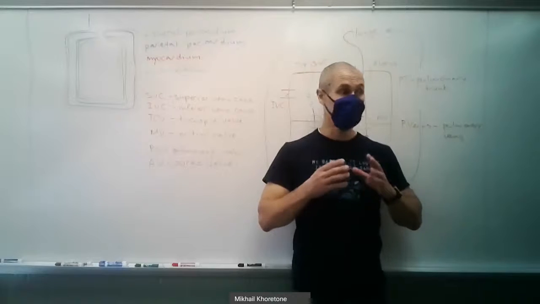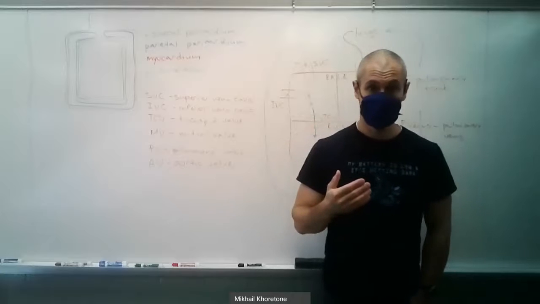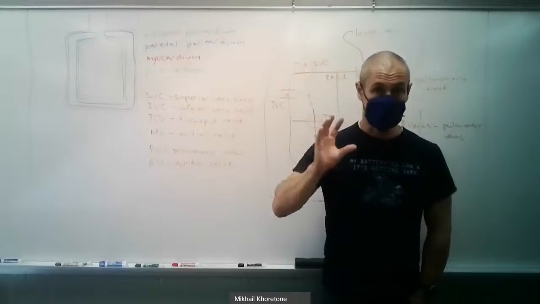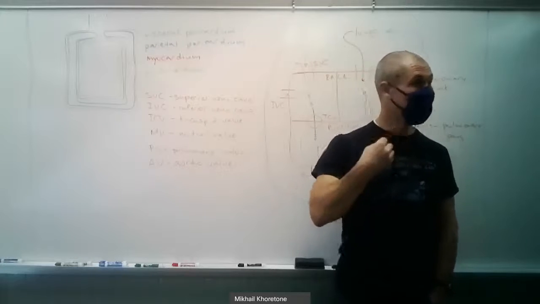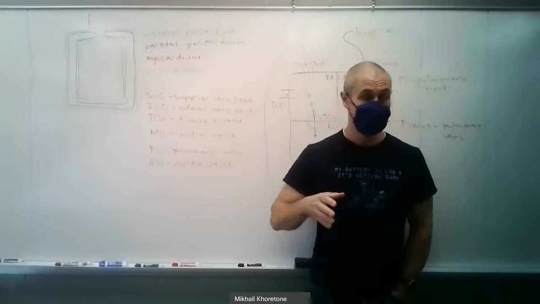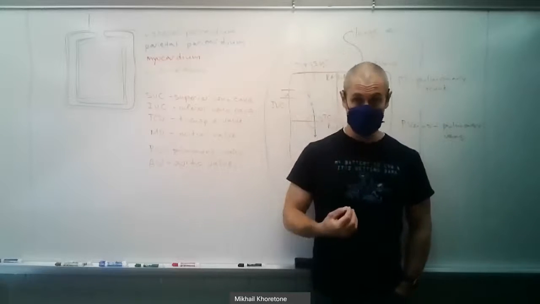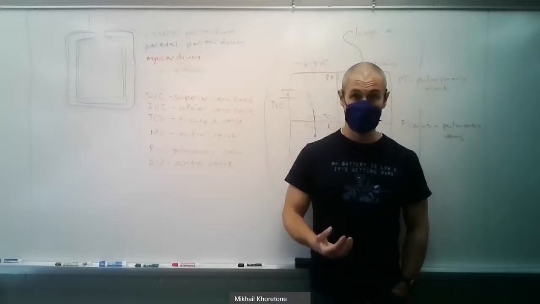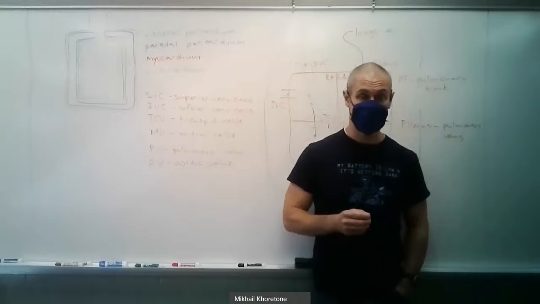The flow through the pulmonary circuit is relatively slow, like the pace of blood going through the vessels, like how many millimeters per second. You see what I'm saying? But the pace of blood through the systemic circuit is much faster in order to complete the circuit in the same amount of time. Does that make sense?